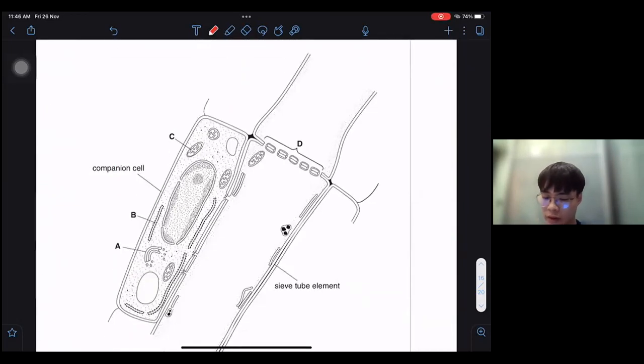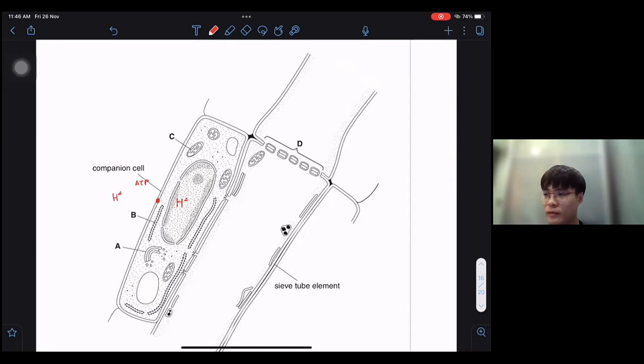Okay, so I'm going to explain the loading of companion cells for translocation. First, these companion cells will use ATP. Imagine this dot is a proton pump, and there's a lot of H plus inside compared to outside. Thus, there's lower H plus compared to outside.